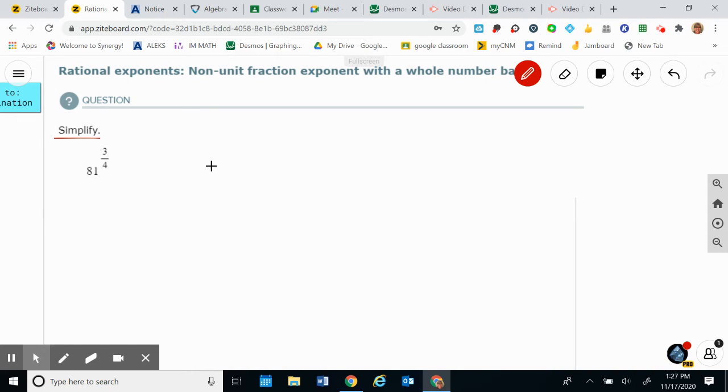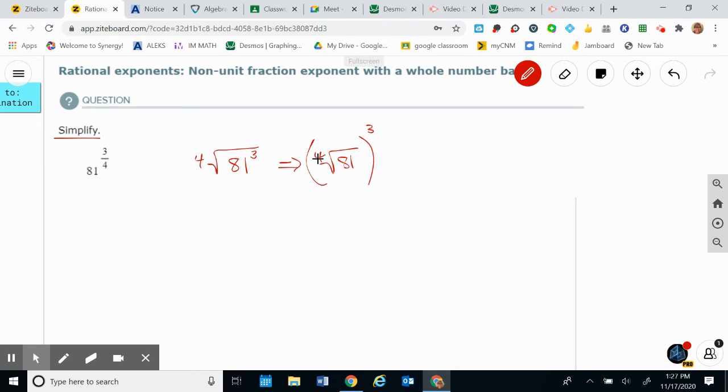So this is the fourth root of 81. Now, here's the fun part. It could be 81 cubed, or it could be the fourth root of 81, cubed. Those two are the same thing.